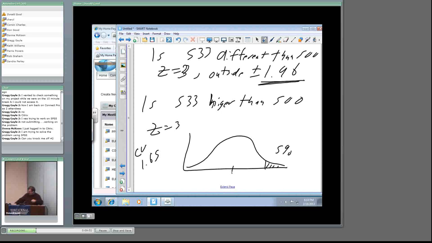Did I get that right? .45 in the B column, because if it was on the low side, it would be more than 5% away from it. Yeah. So we're going to look at 1.66, but still, because Z is still larger than 1.65, the answer is still yes. 5.33 is higher than 500.